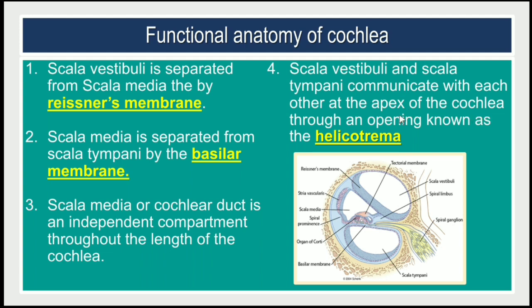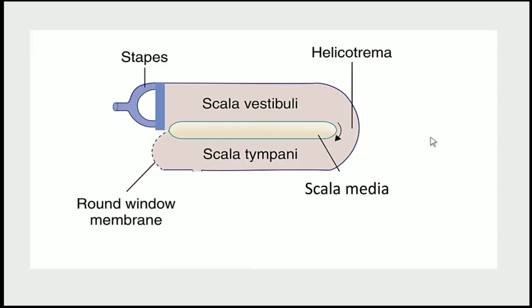If you unwrap the turns of the cochlea and straighten it, at the apex is the area where scala vestibuli and scala tympani join each other, and that single common opening by which they are joining is called the helicotrema. In the next slide, I will show you the joining at the helicotrema.